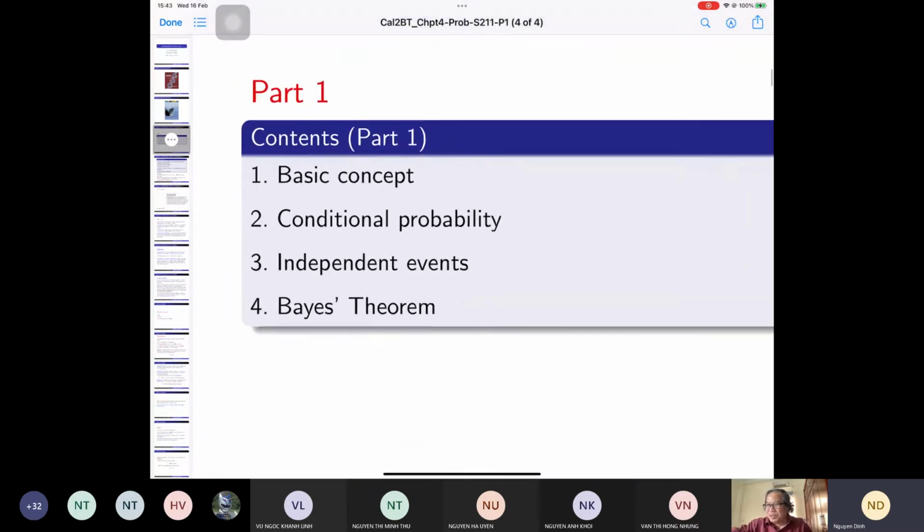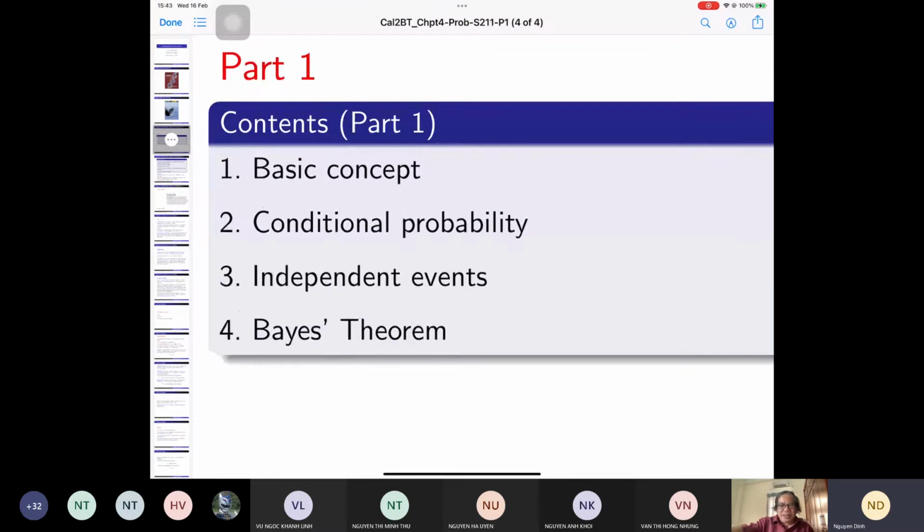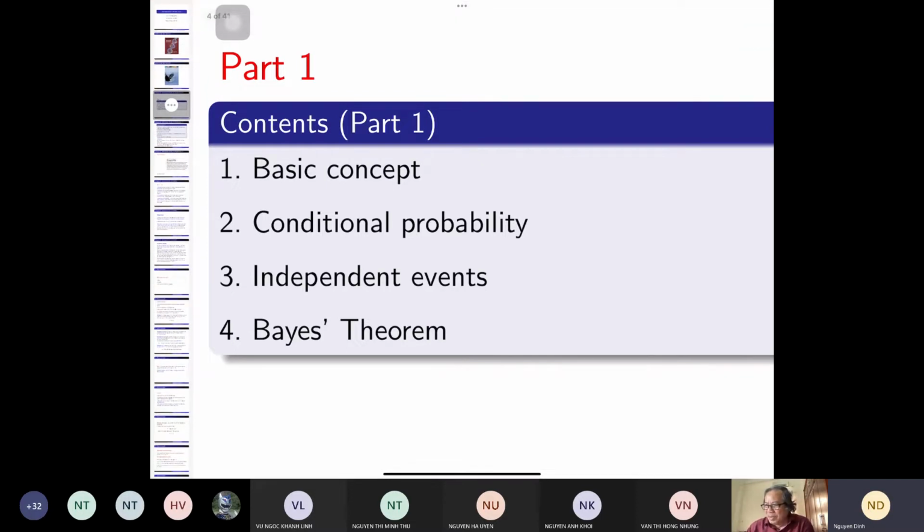The first part includes all the things that you need for section 3.2 on decision making: the basic concept of probability, conditional probability, independent events, and the Bayes theorem.